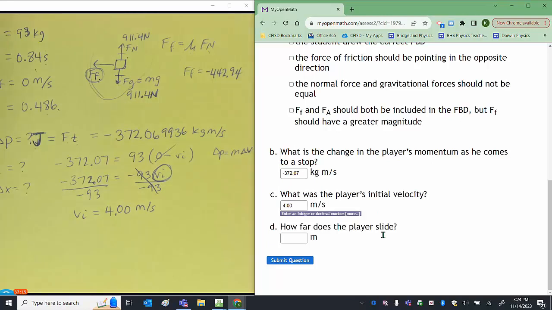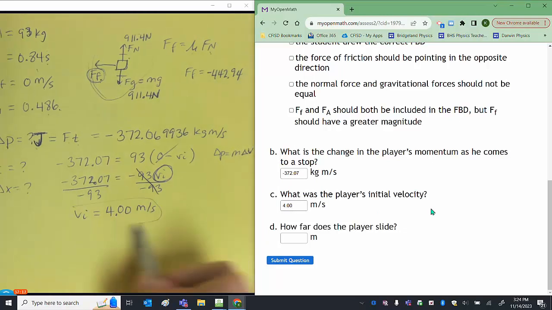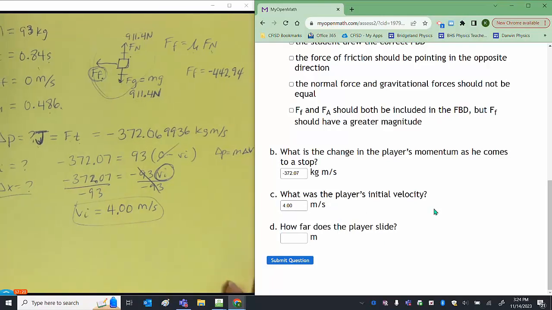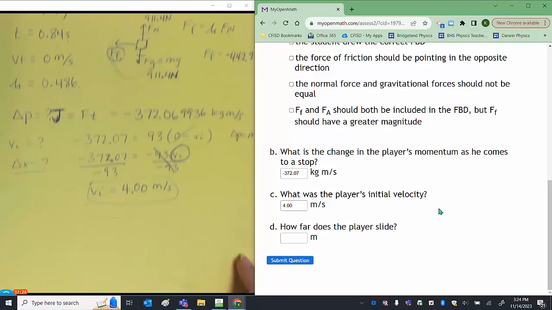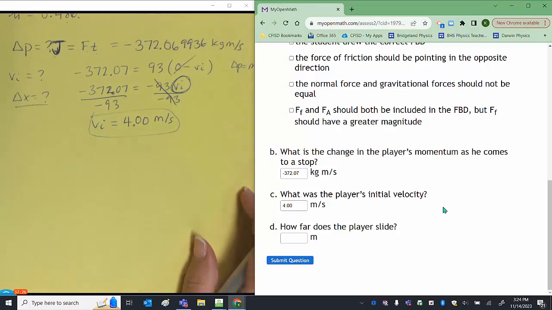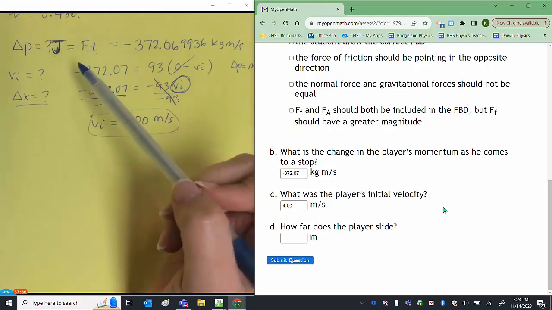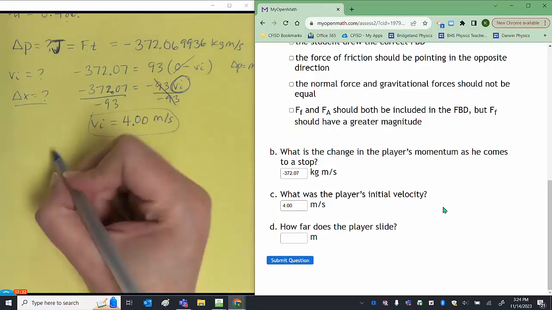How far does the player slide? Okay, so let's go ahead and determine delta x. Again, if you see delta x, if you see how far, you should recognize that you're going to be using kinematic equations. Since I have VF, VI, and T, and I want delta x, I'm going to use this equation.